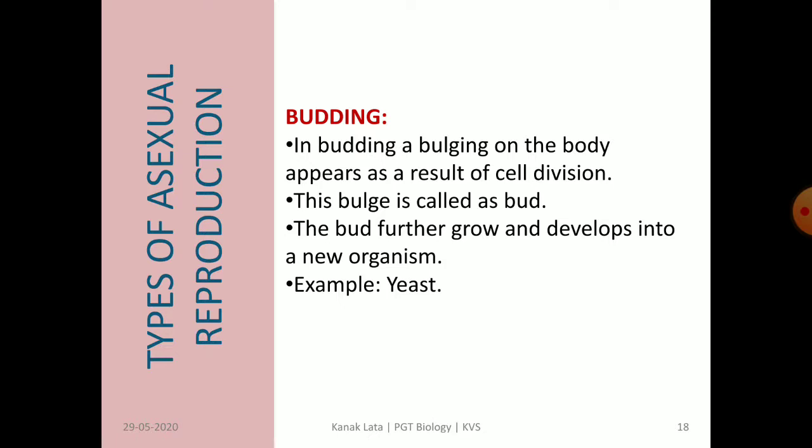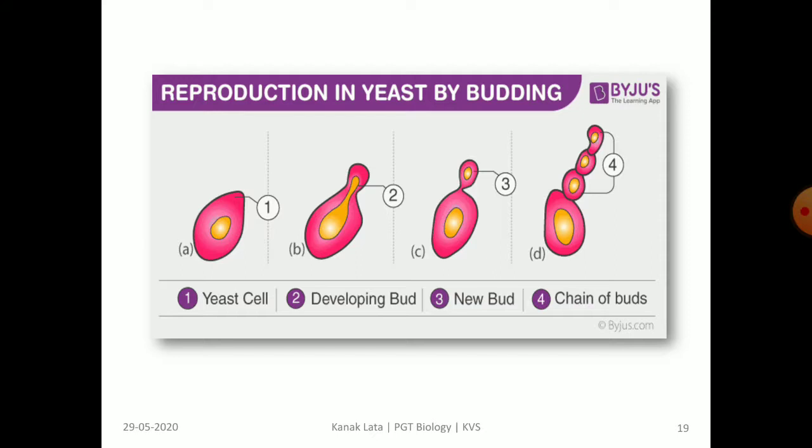This bulge is called a bud, which develops into a new organism. For example, in yeast, budding is commonly seen. In the given figure, you may observe the steps of bud formation in yeast, and in yeast, a chain of buds may be formed.